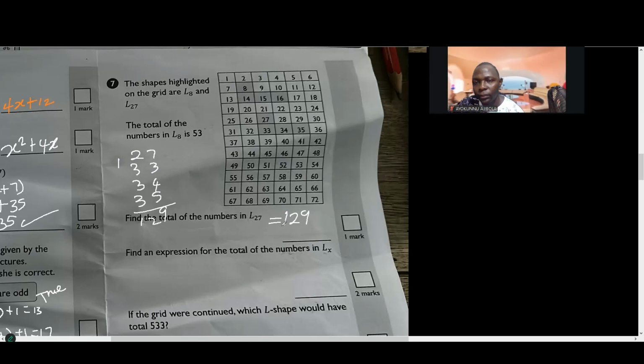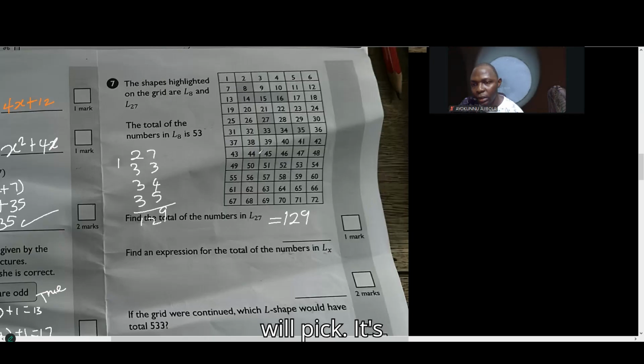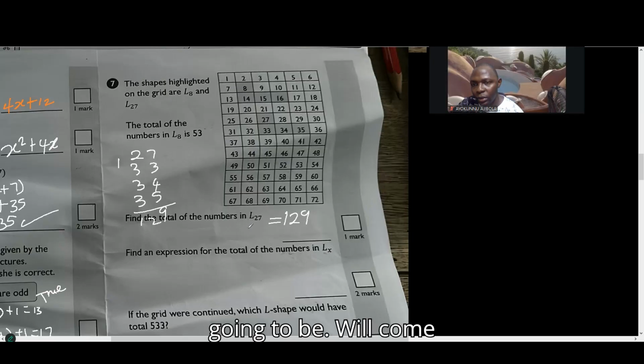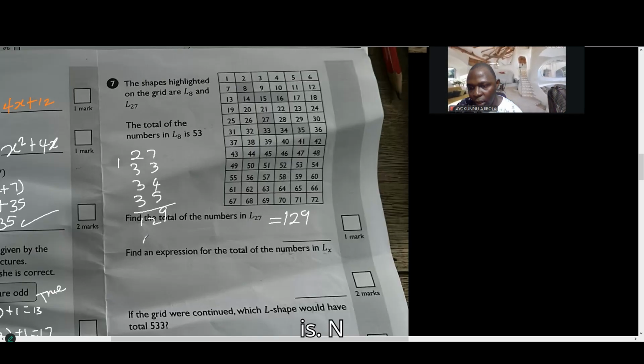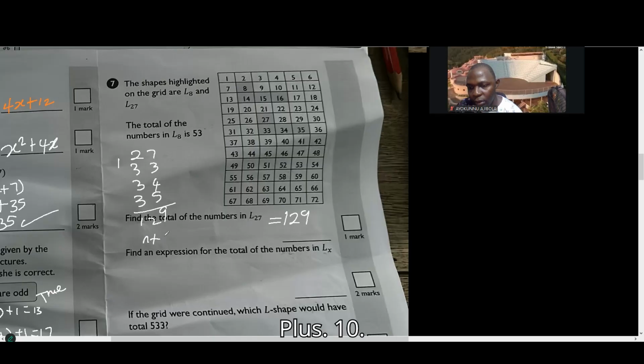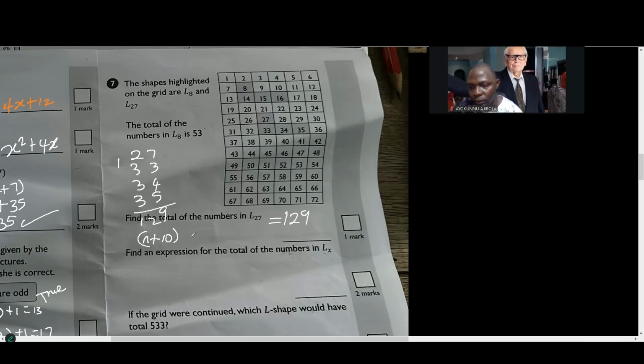Final expression for the total in Lx. Lx will be, let's see. The number we pick is going to be n, we must add 10, so that is n plus 10, then plus.